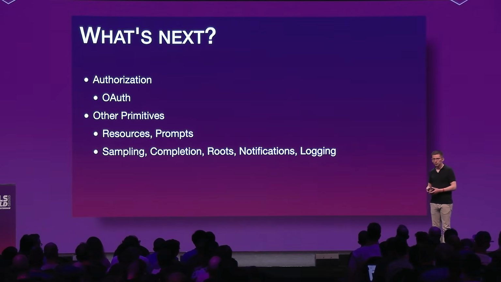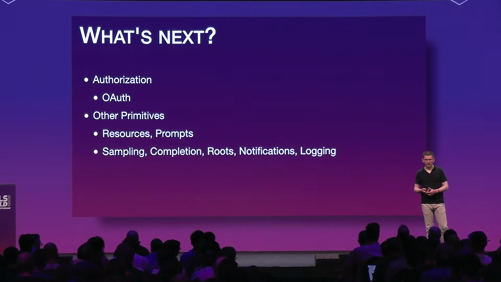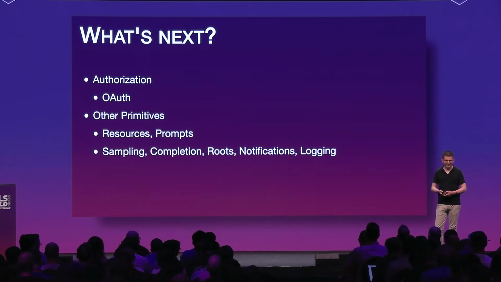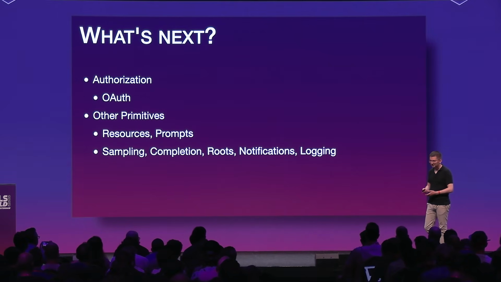MCP says use OAuth, but, well, rolling out OAuth is something for the entire application, not for a template of MCP. And of course, there are many different primitives. I also told you about resources and prompts, but there are more, like completions or sampling and more. But I leave it as an exercise to you to add to Rails. I promise it's going to be fun.